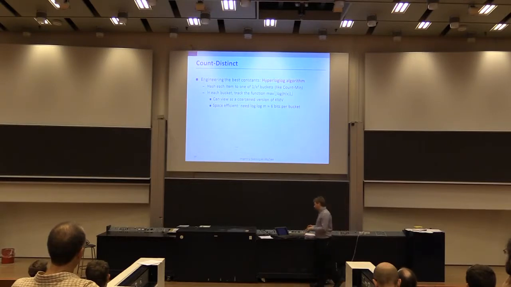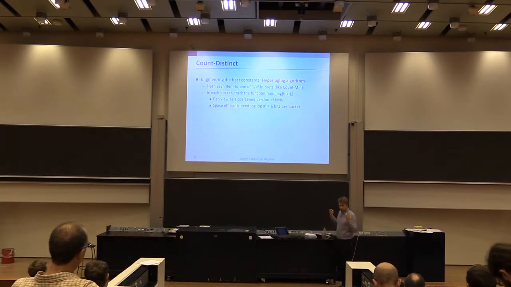The HyperLogLog algorithm also uses hashing, as you'd expect. Again, you apply a hash function to an element so that every time you see the same element, you make the same decisions, so that you can stop worrying about repetitions and just worry about what's going on with the supporting set.